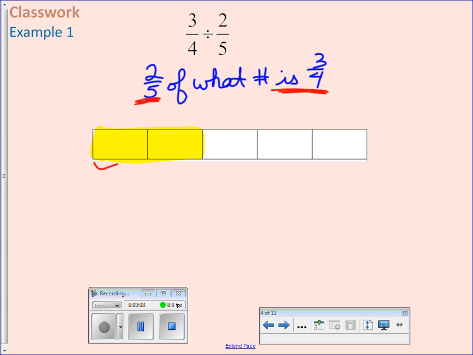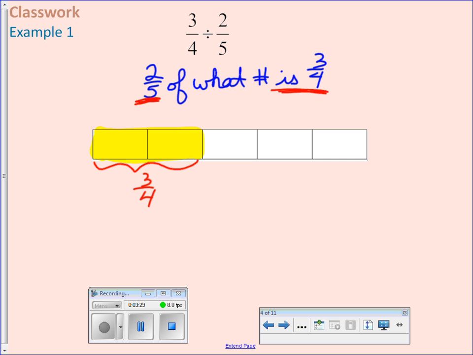So 2/5 is 3/4. So who has a question right now? Why did you shade in 2? Why are there 5 in my tape diagram? Why did you write 3/4 under the 2 highlighted? Who has a question? Why did you write 3/4?